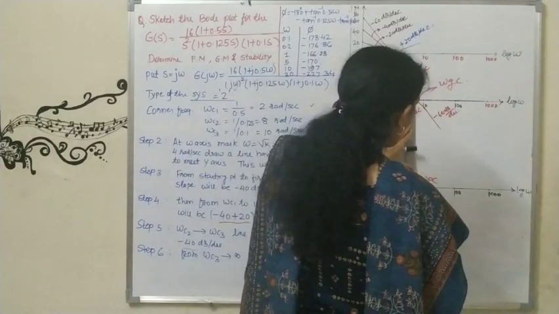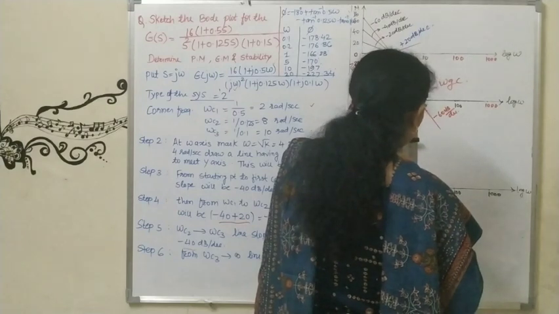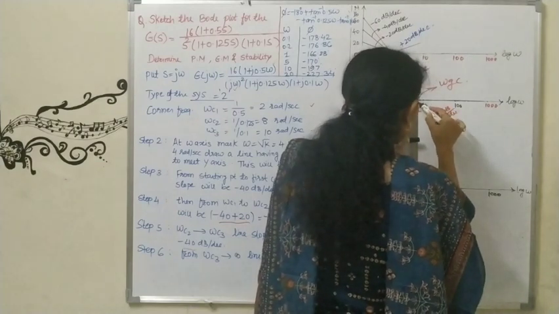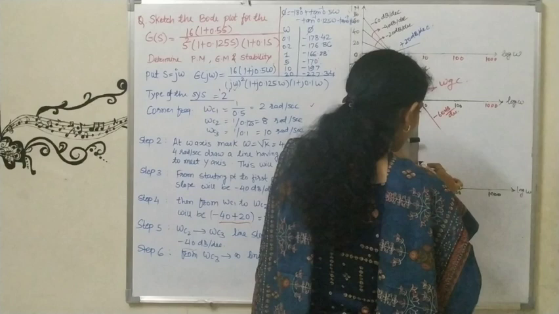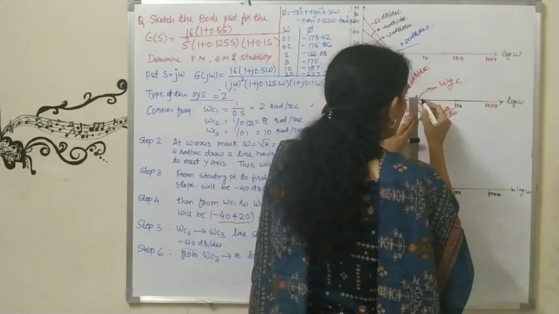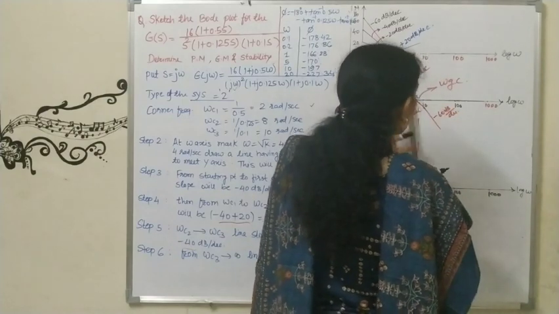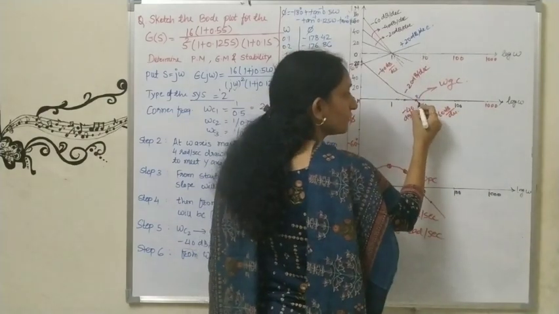From omega PC, I will draw the line upward so that it will intersect the magnitude plot. I am drawing the dotted line from omega PC, and it is intersecting here. It is a very small line.